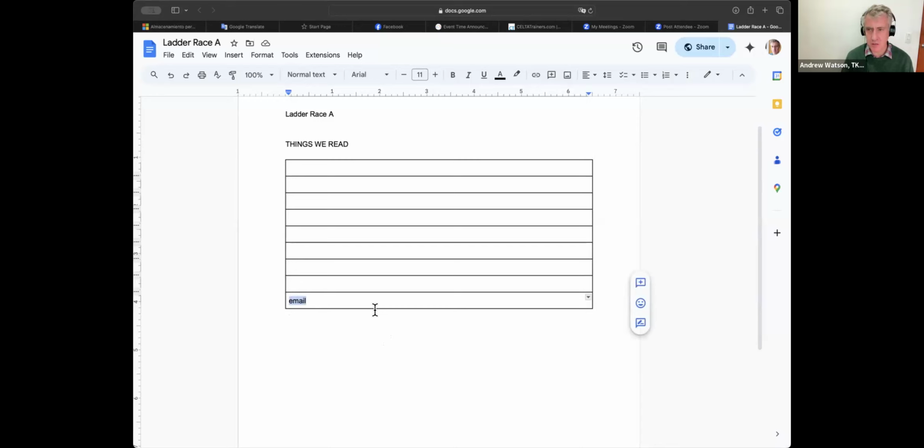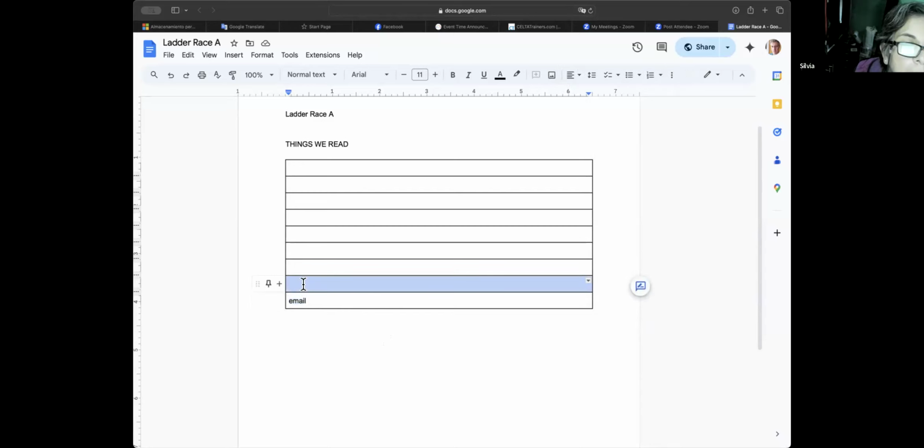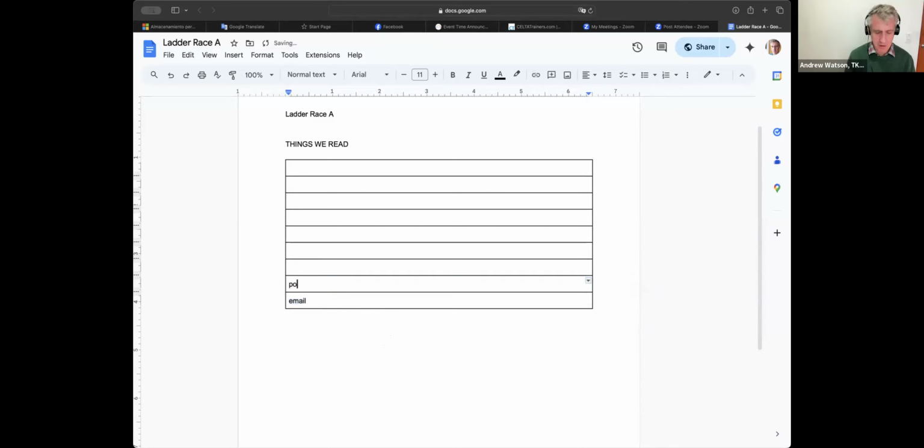Here we have the word email. Now, each item must be the same length or longer than the word beneath it. So I could start with email, but if I wanted to use poem, no, I can't. I've got to think of a word that's longer than email in length. Number of letters has to be longer.